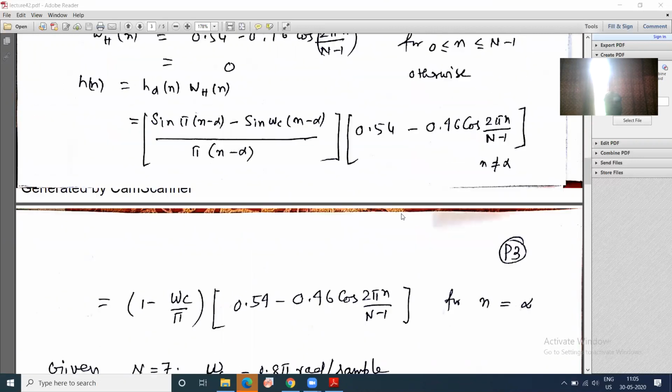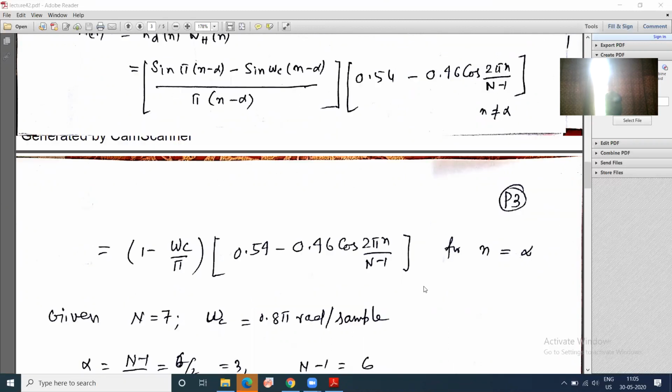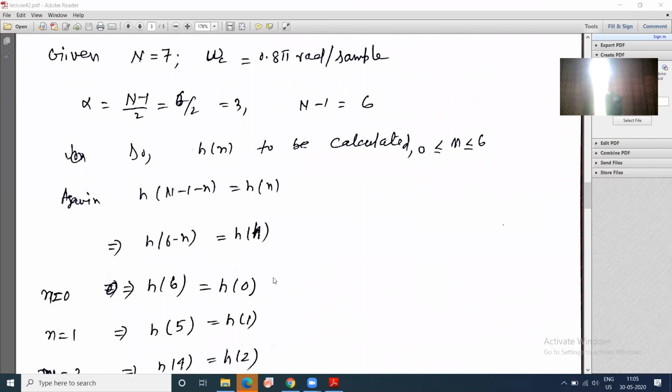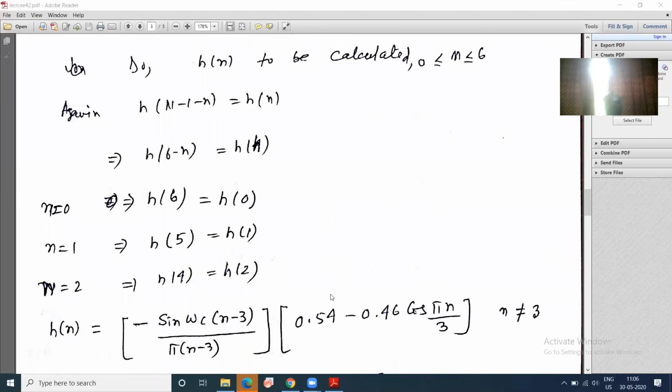And for n not equal to 3, any other value, meaning 0, 1, 2, 4, 5, 6, you have to use this equation. These are the two equations you have to use. Now, one more thing: if you calculate h0, h1, h2, then you can calculate h4, h5, h6. So essentially, you have to calculate h0, h1, h2, and h3. If you calculate these four values, all filter coefficients, like 7 filter coefficients, are obtained.